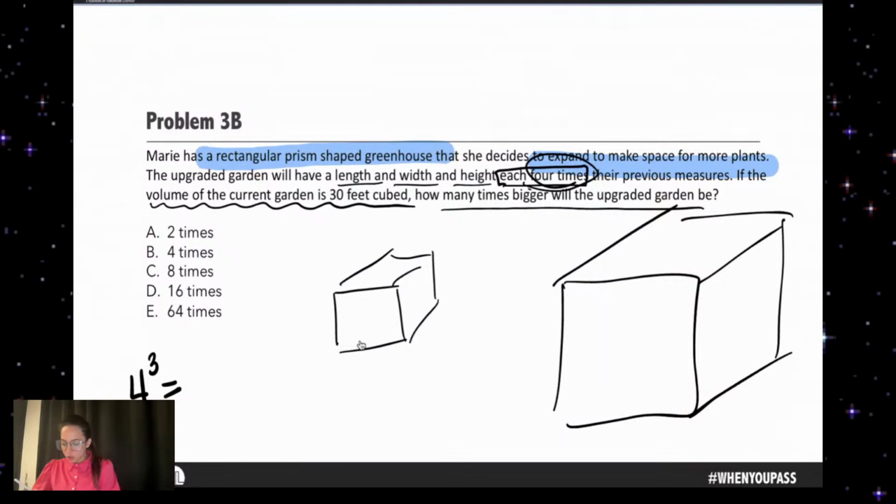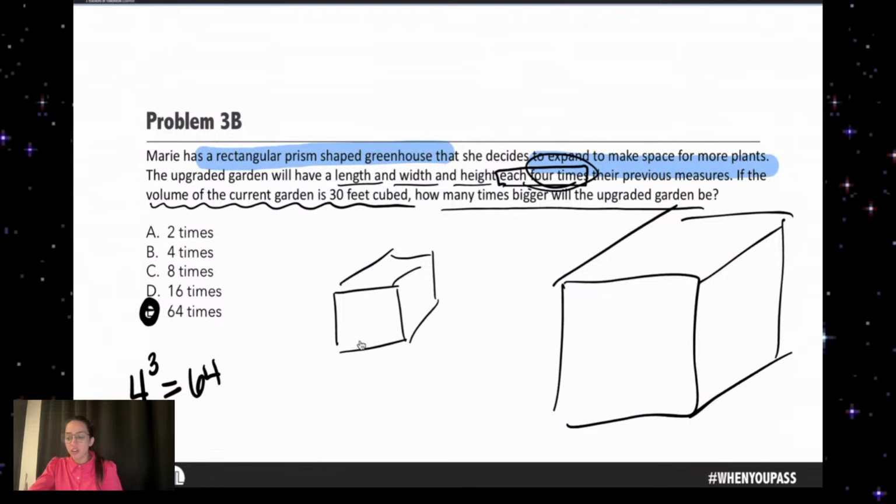So I can do 4 times 4 times 4, which is 64. So the new garden will be 64 times bigger.